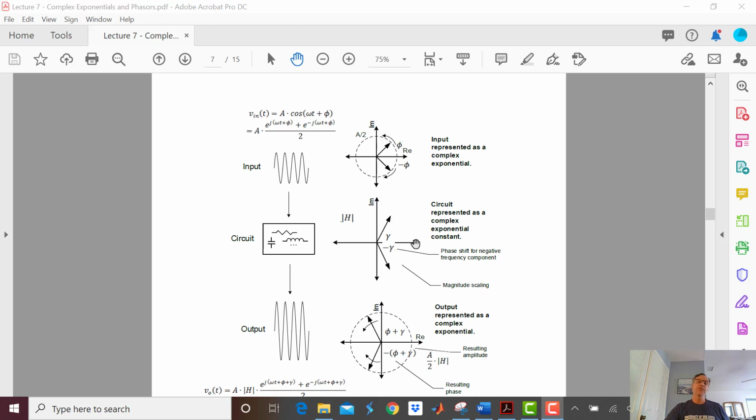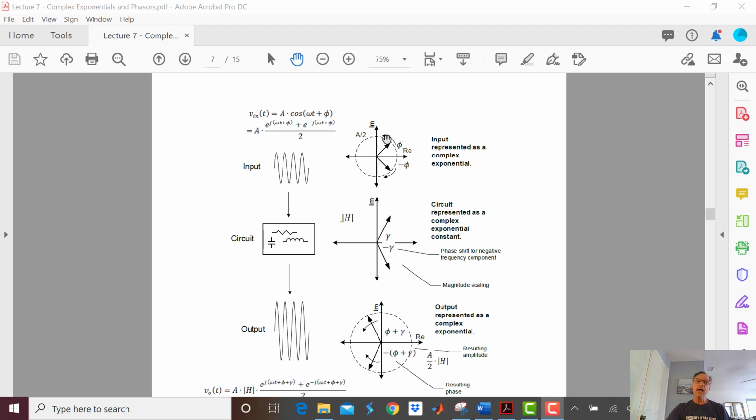And it is shifting the negative frequency components by negative gamma, and it is also scaling them by the same constant. So this vector is just representing what the circuit does at a specific frequency. These aren't whirling around, but you notice the imaginary parts do cancel, of course.